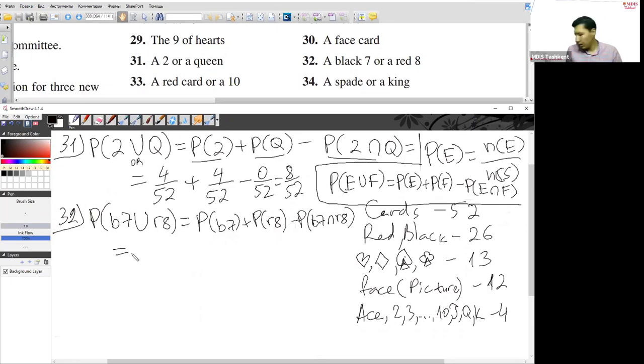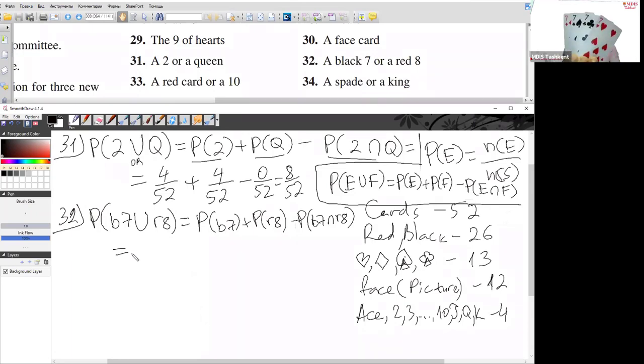Do we have such a card? Here we have 4 sevens, and the 8 is here.